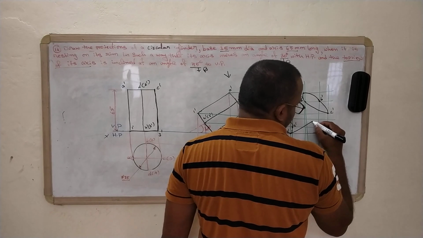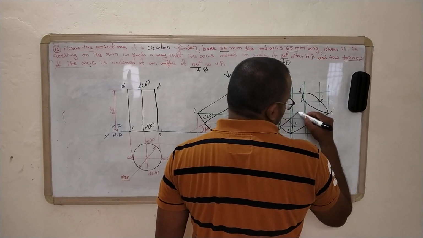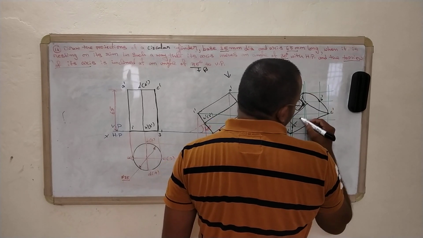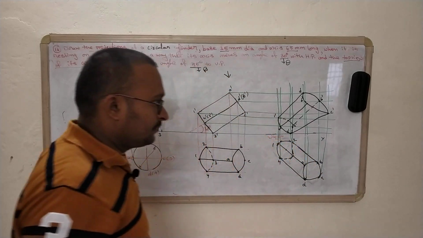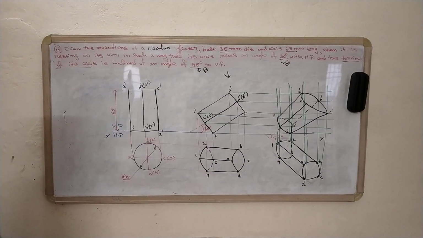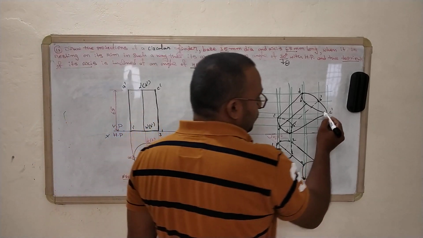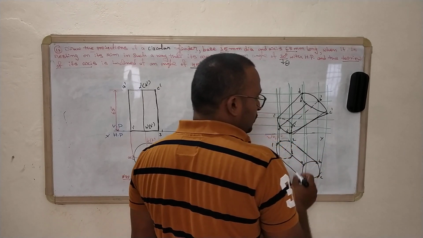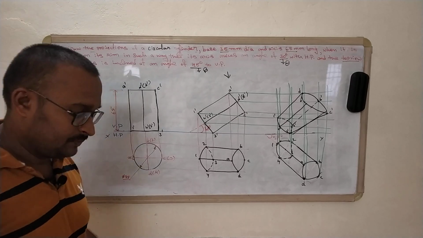Now 3C, 4D is visible, and this is the hidden line, right? So here this is the finalized front view and the finalized top view of the given problem. Thank you.